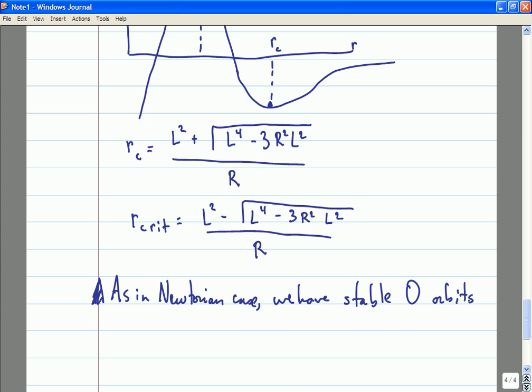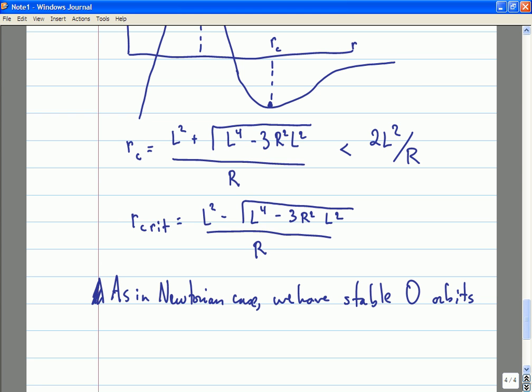But one thing that you can see by looking at this equation for RC is that this is always less than 2L squared over R, which was the location of the circular orbit in the case of Newtonian gravity. So these circular orbits will be slightly closer to the Sun or to the center of the Schwarzschild solution at R equals 0.